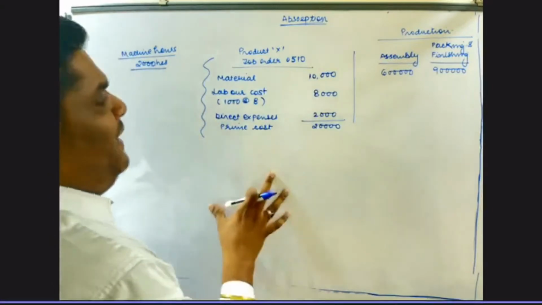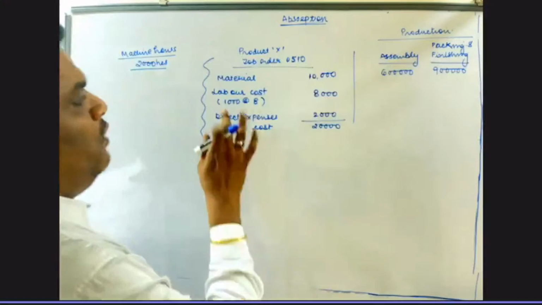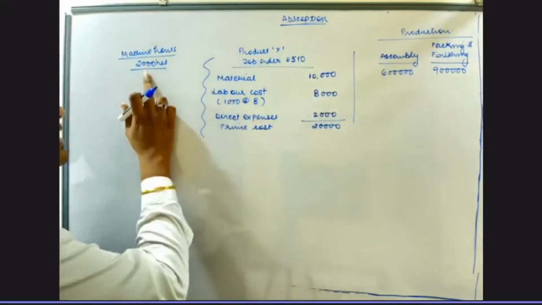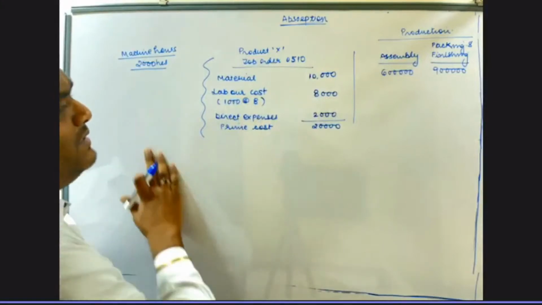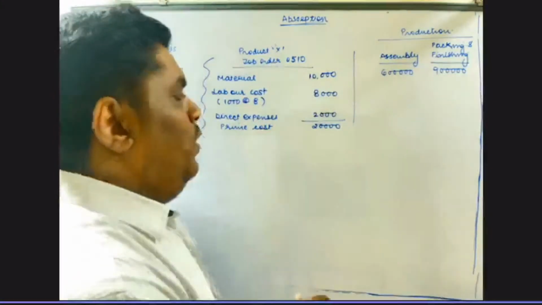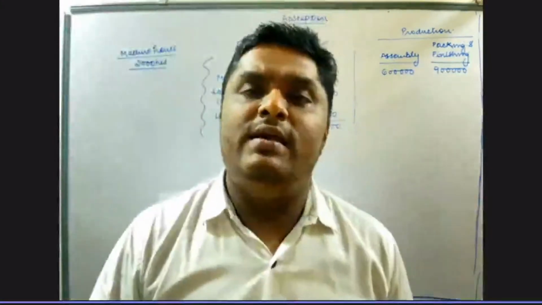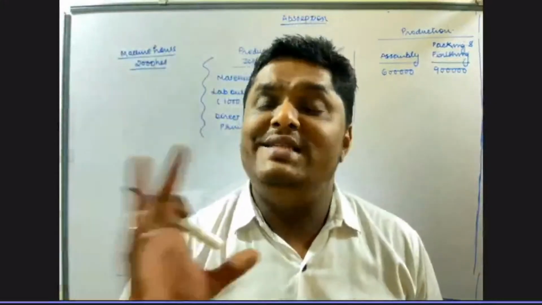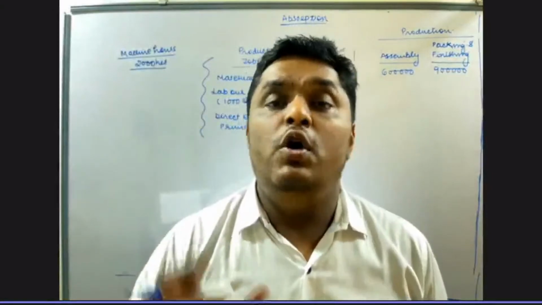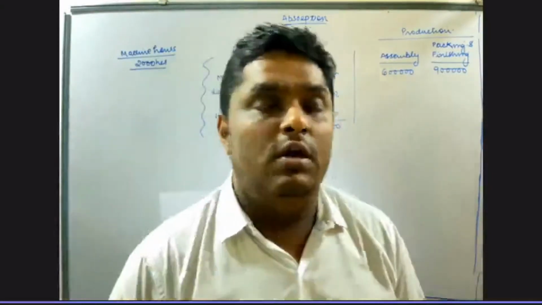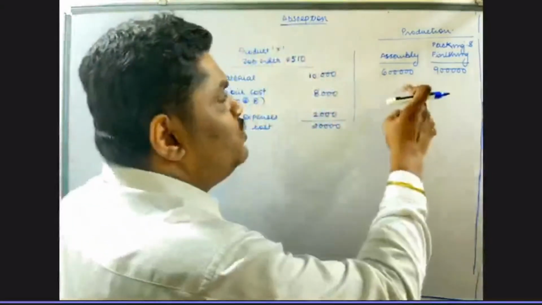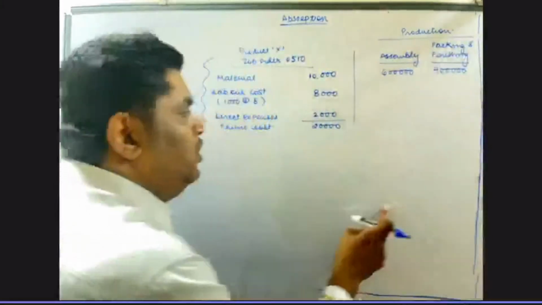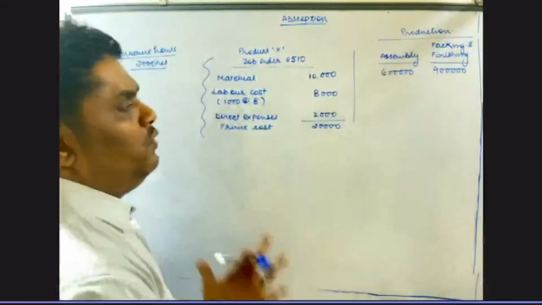So to complete job order 0510, the labor hours consumed is 1,000 hours and machine hours consumed is 2,000 hours, and the prime cost charged is 20,000. Now my point is, is this the total cost of the job? No, this is not the total cost, because we have to charge the overheads of these two production departments to this job to calculate the total cost.